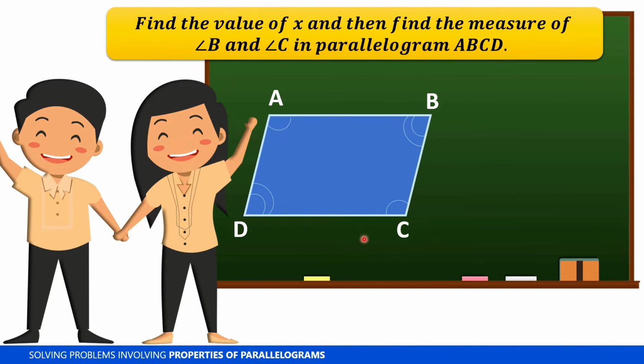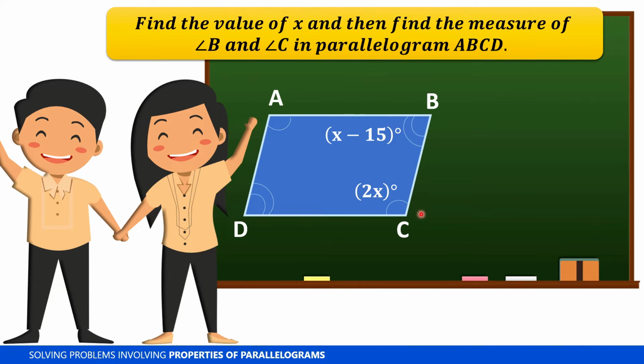Next, let's find the value of x, and then we are going to find the measure of angle B and angle C in parallelogram ABCD. In this problem, angle B is equal to the quantity x minus 15 degrees, and angle C is equal to the quantity 2x degrees.